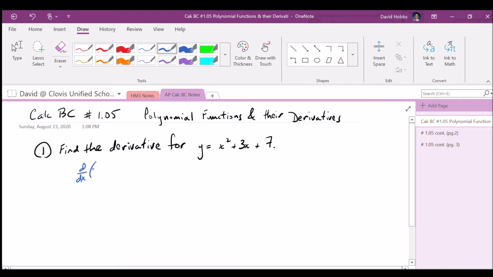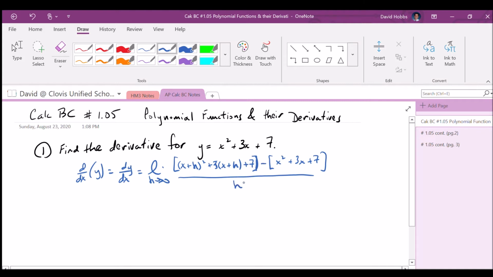with respect to x of y, which is dy dx, this is the limit as h goes to 0 of f of x plus h minus f of x all over h.